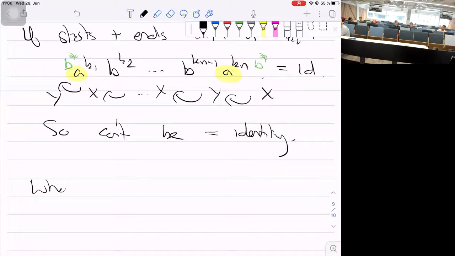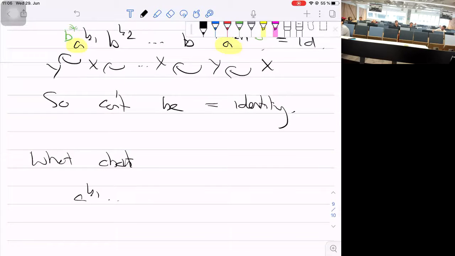So, what about A to the power K1, blah, blah, blah, B to the power Kn equal to the identity? Well, if you try to see what happens to X and Y here, you go from X to Y, X to Y, you land in the correct set at the end. But there's a really simple trick you can do here. Since the group is big enough, you can multiply on the left and on the right by some sufficiently large power of A, in such a way that you don't eliminate the first term.